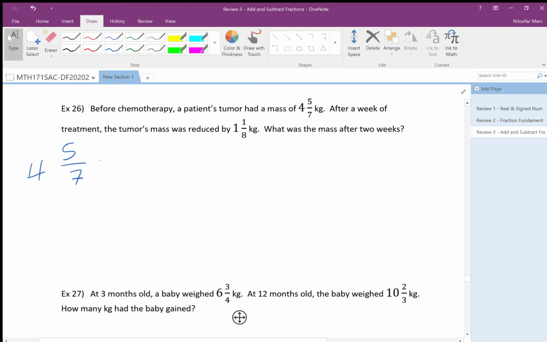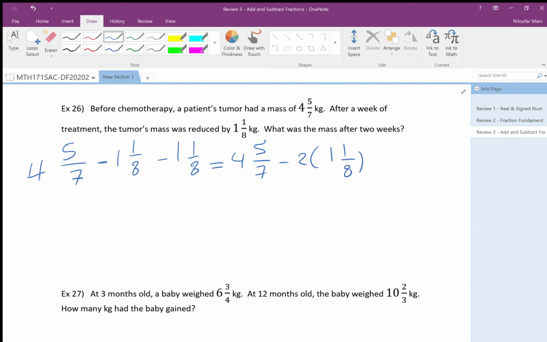So, it is minus 1 over 8, minus 1 over 8, or I can say minus 2 times 1 over 8. It's fine. I know we didn't do multiplication. For now, I just do this one.